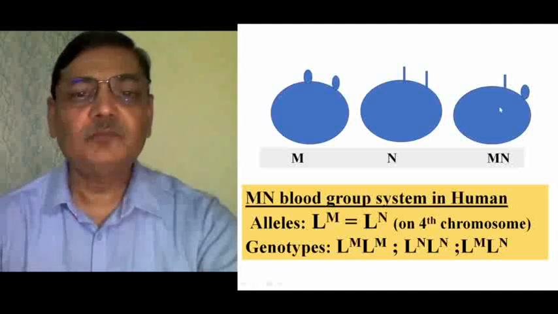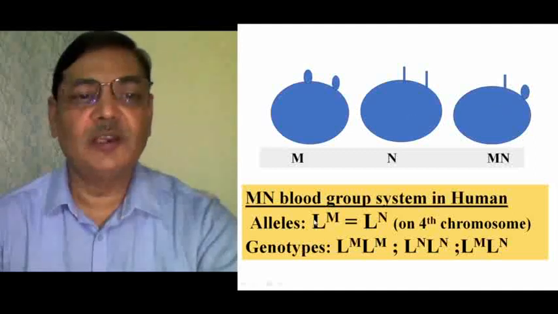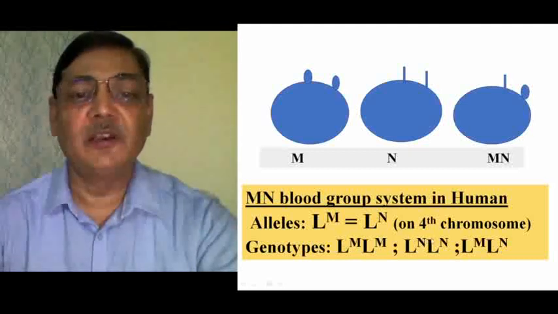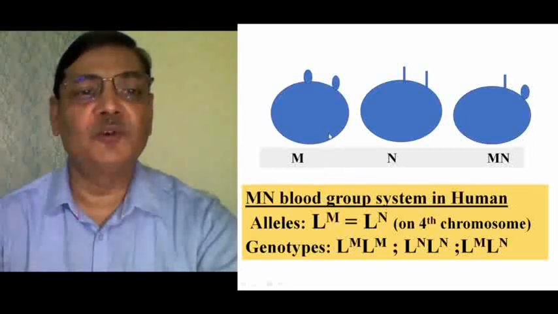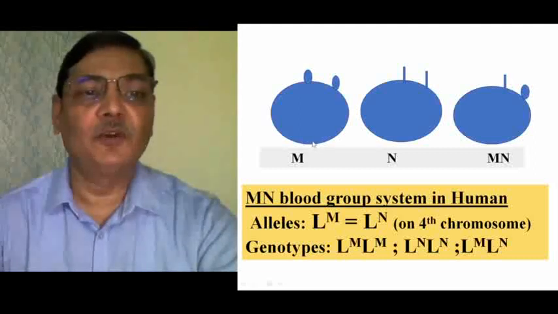So in this way we can say that there are two alleles in the population, M and N, and because of these two alleles, three different types of genotypes are possible: MM, NN, and MN. Three different types of persons are there with respect to their genotypes as well as phenotypes. This is the beauty of this analysis: if you know the blood group of a person, then at the same time you can know the genotype of that person also.